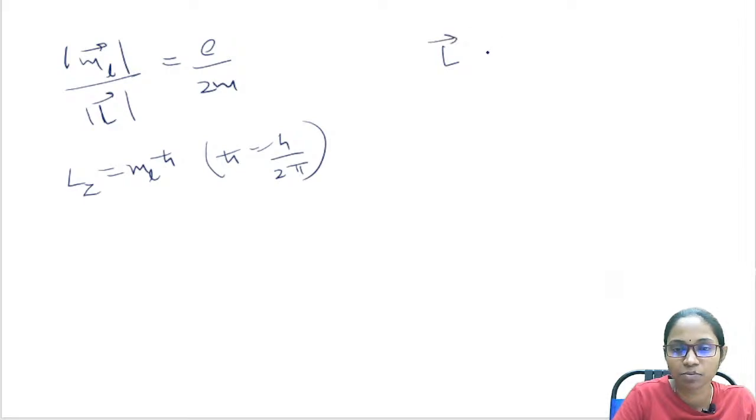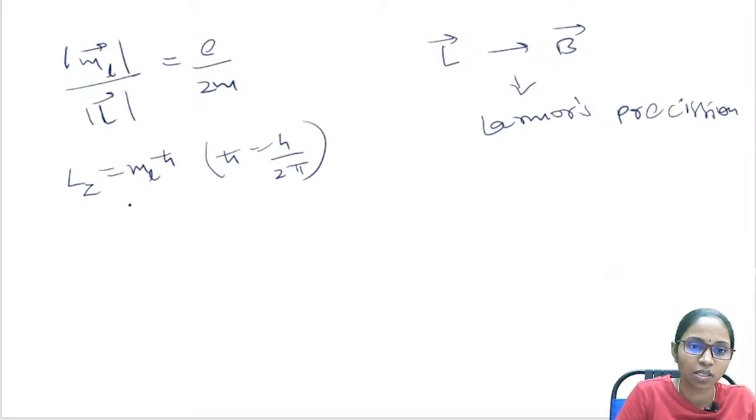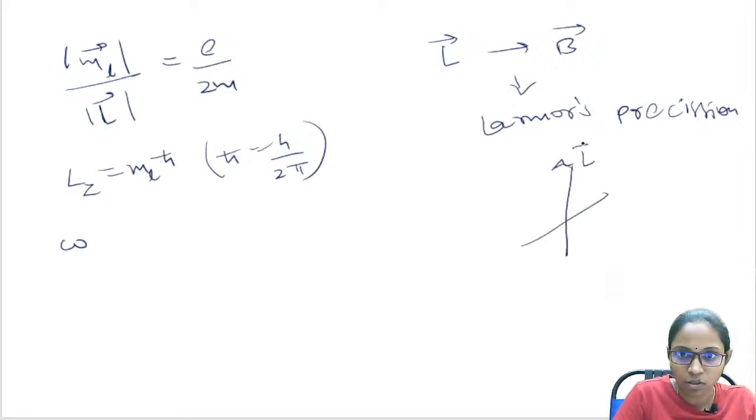Here L bar is precessing about B bar, and this precession is known as Larmor's precession. According to Larmor, if this is the external magnetic field B bar, the angular velocity of L bar is omega.